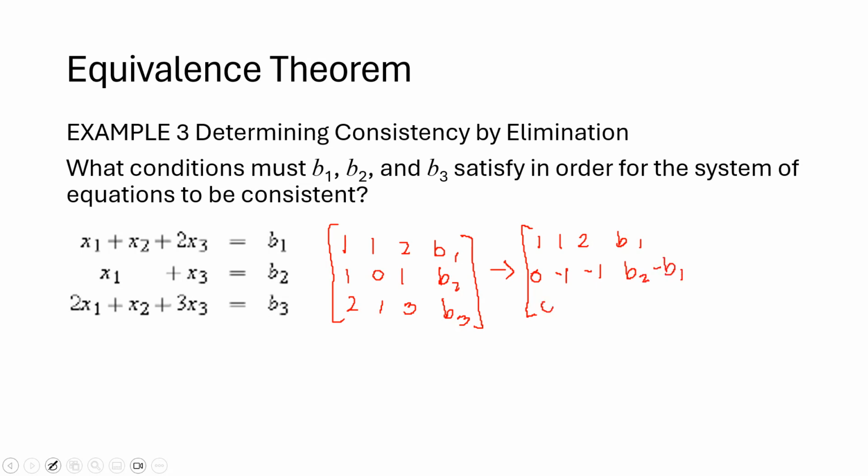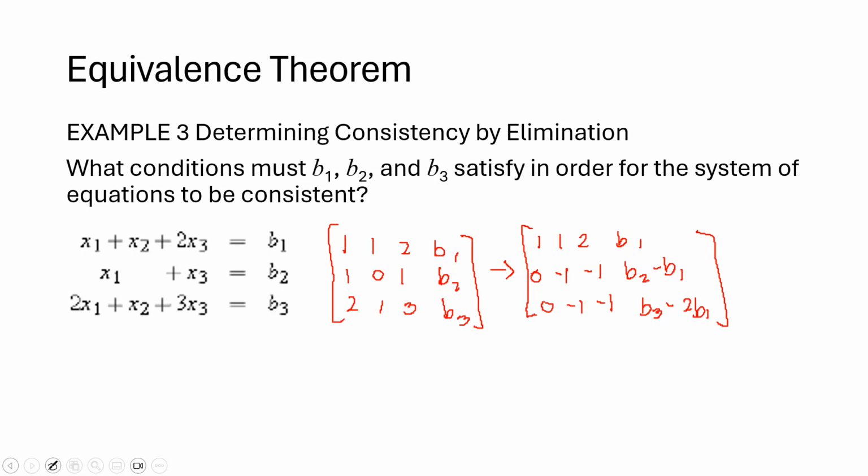Then you have 0, negative 1, negative 1, B sub 3 minus 2 B sub 1. Now, we multiply the second row by negative 1.